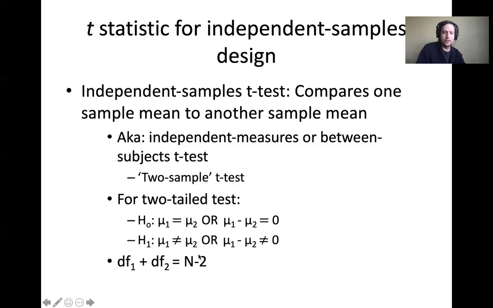So you take the total sample size, the total number of people in your study, and subtract 2, and that gives you the degrees of freedom that you will then use to look up your t-table to find the critical t-value that will mark the boundaries of the rejection region, or the critical region. So you'll be using that degrees of freedom to look up the critical regions on the t-table.